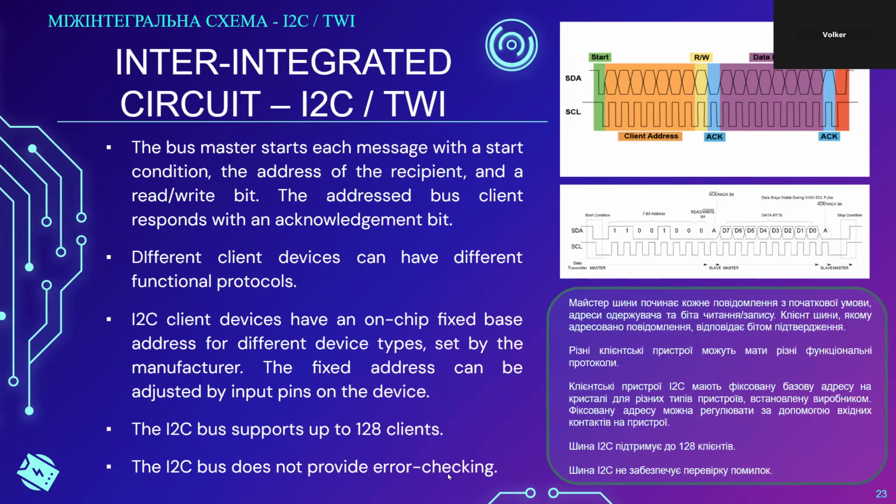You will also have noted that the addressing is different. The SPI bus used a separate line, the chip select line, for addressing the components on the bus. This is not the case with the I2C bus.